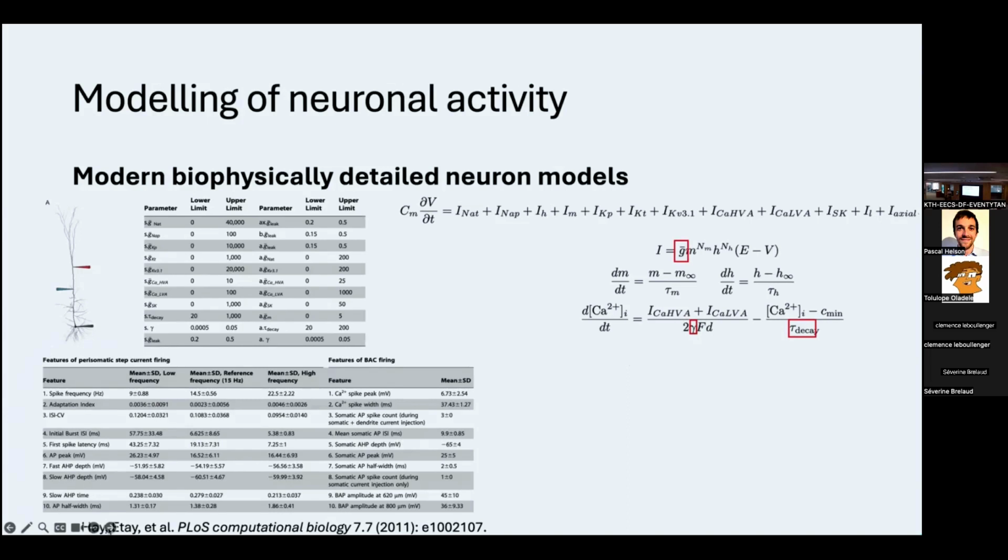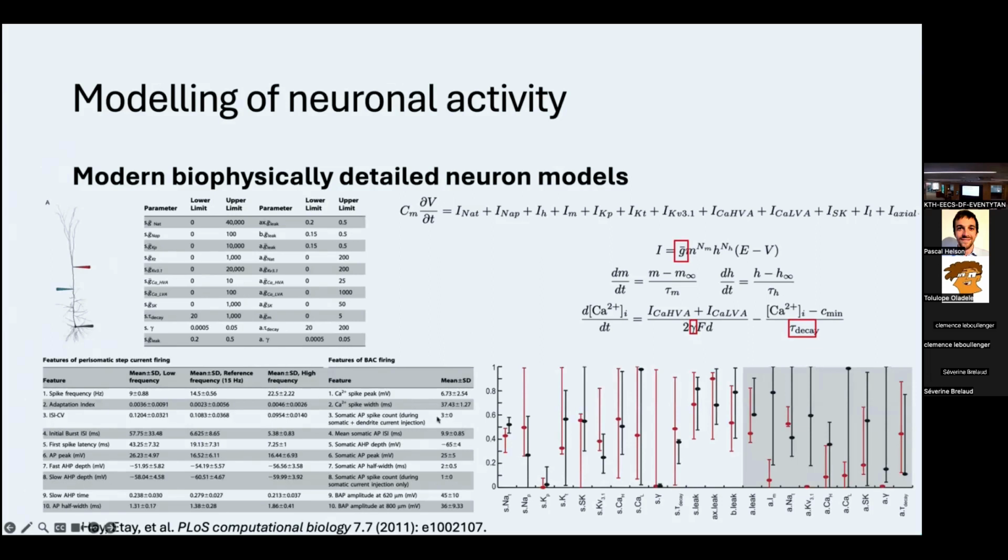error functions that you introduce for fitting this model, and that is where the challenge of making these models more suited to this kind of study lies in the future. Here you can see that if they fit this model to only perisomatic firing features, they get mildly different ion channel conductances and other parameters than when they only fit it to this backfiring.